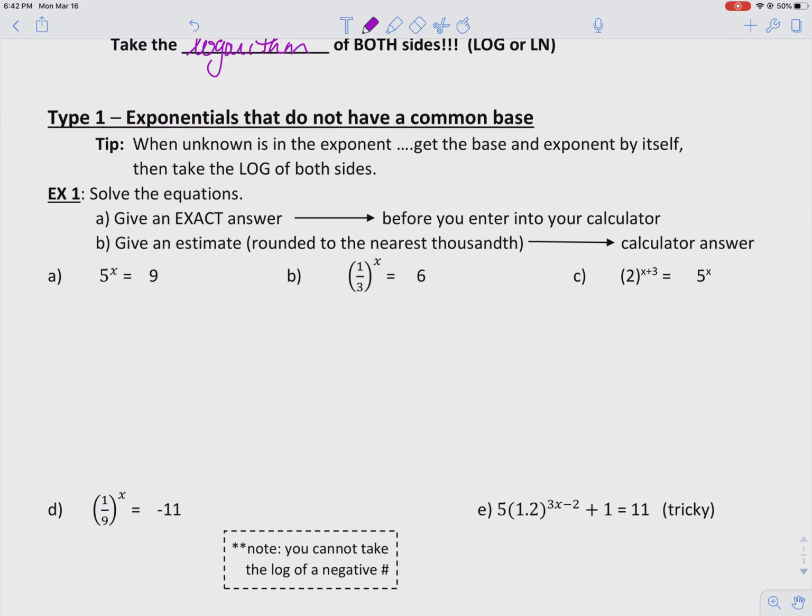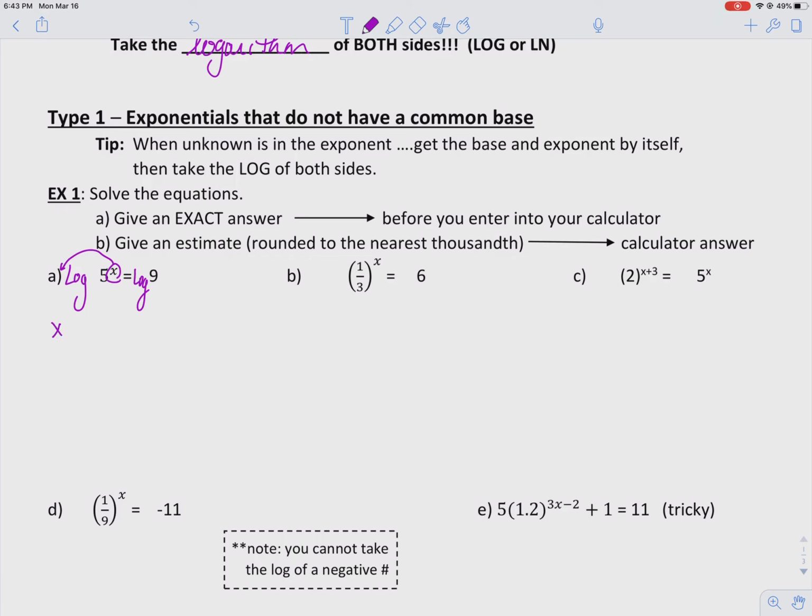So this is what you do when the unknown, the x, is in the exponent. We're going to take the logarithm of each side. Now if you remember from our laws of logarithms, once I do that, I can put that x in front.